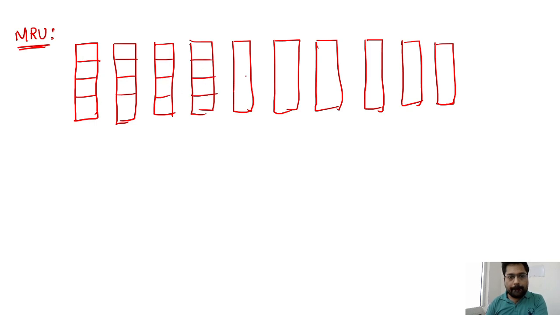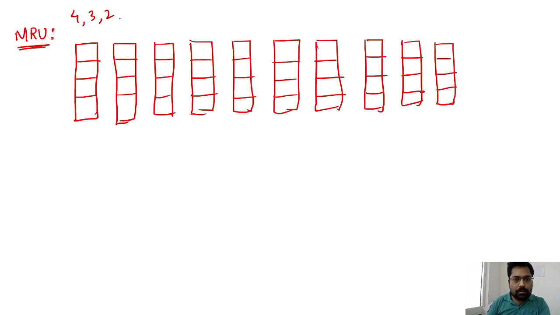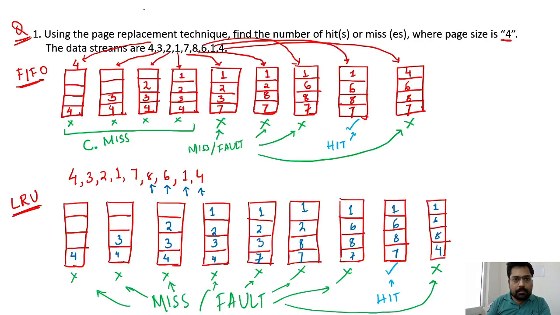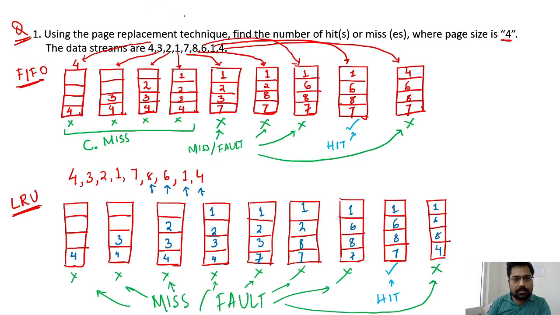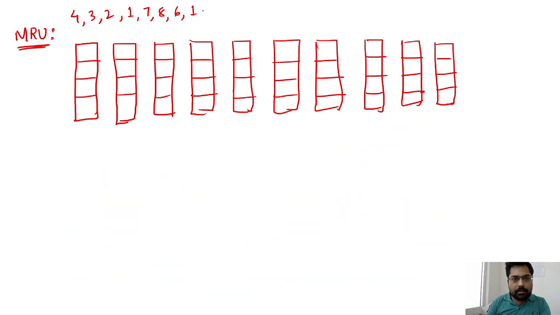Okay, the data streams are 4, 3, 2, 1, 7, 7, 8, 6, 1, 4.